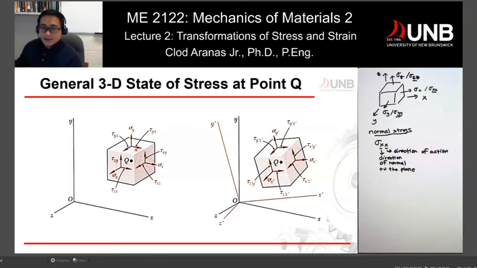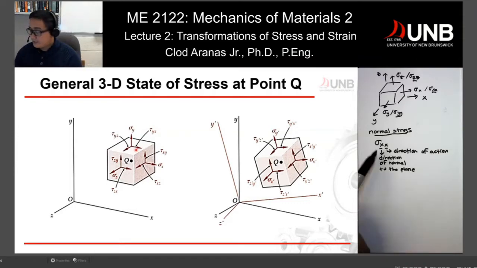In this case, the area has a normal to X, and the direction of that stress is also parallel to X. In books, we normally just use sigma X instead of sigma XX, but in reality there should be two letters.